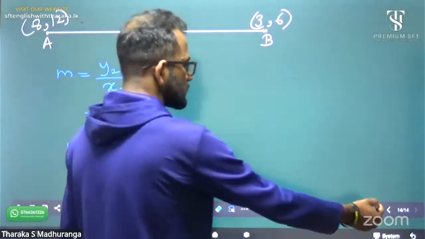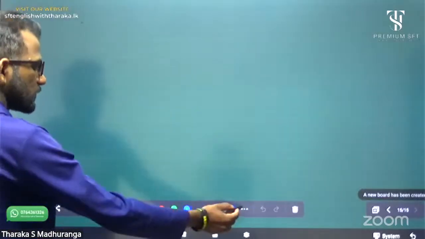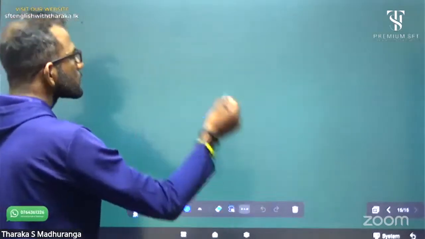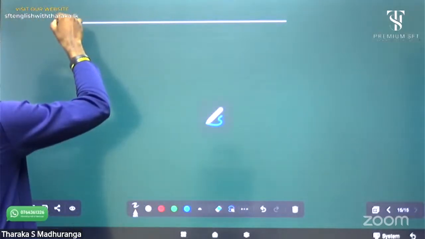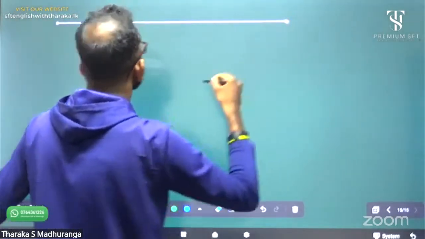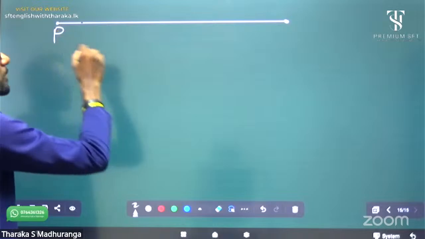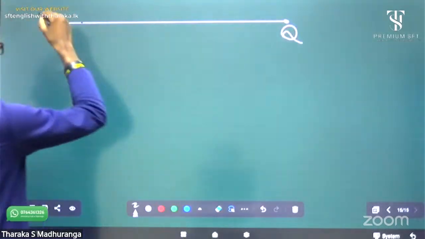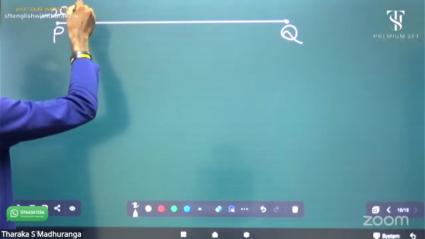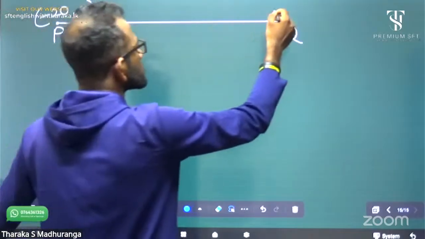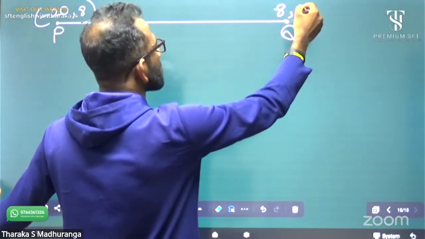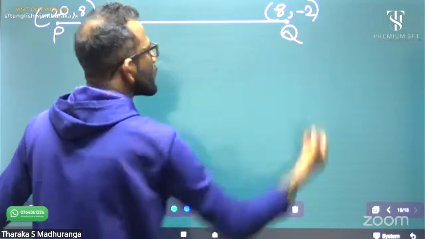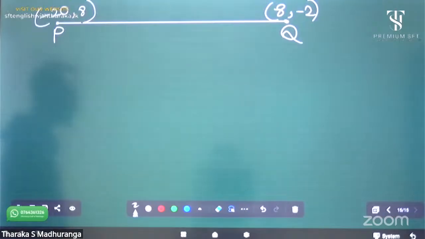Second exercise. Calculate the gradient of this PQ straight line.